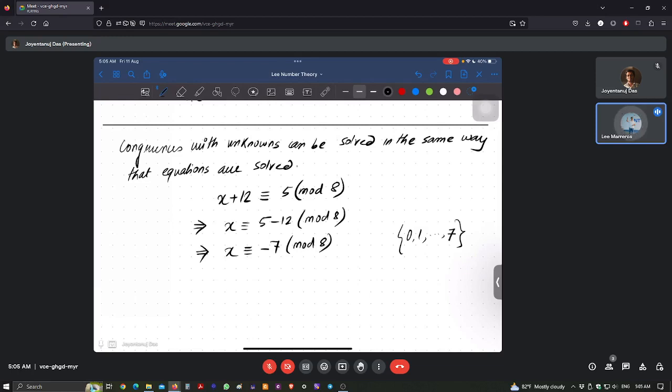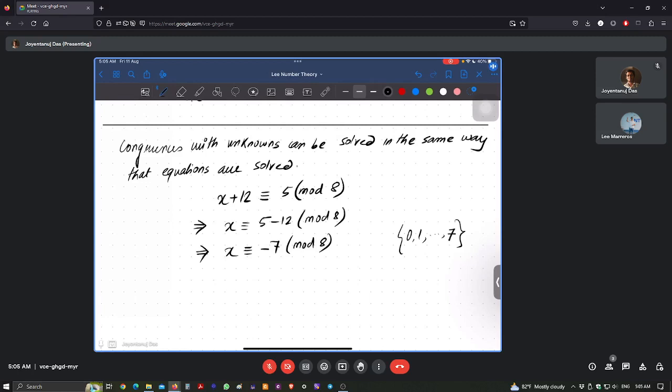So when you divide a number mod 8, it could go from 0 to 7, right? Okay. But if the remainder is always minus 7, how would that be?